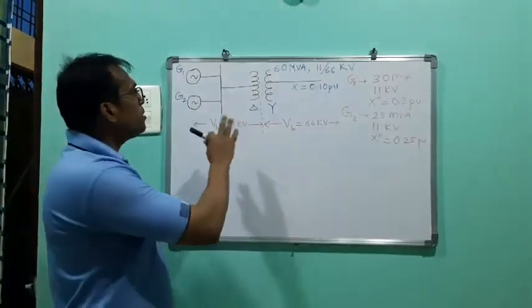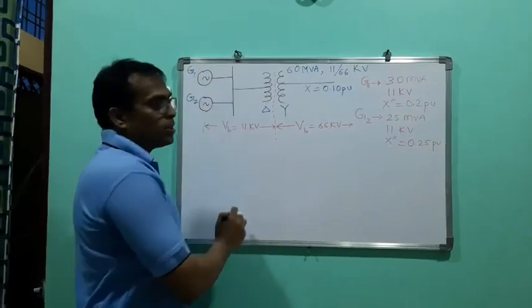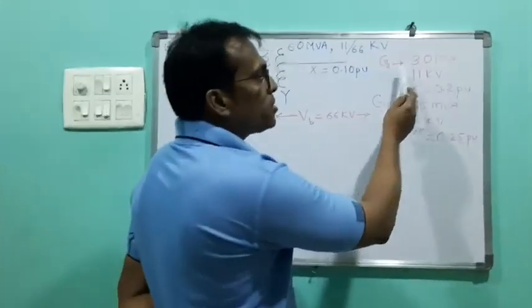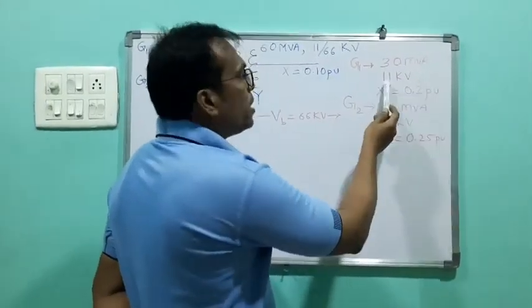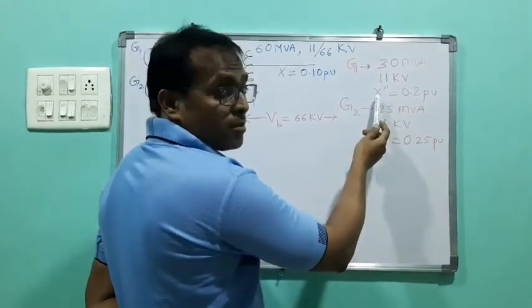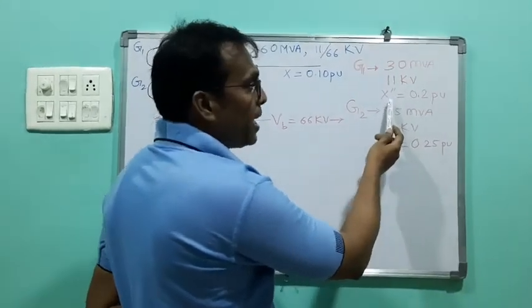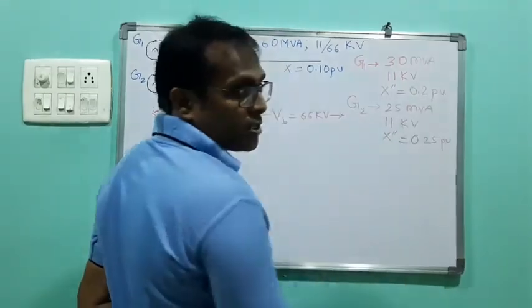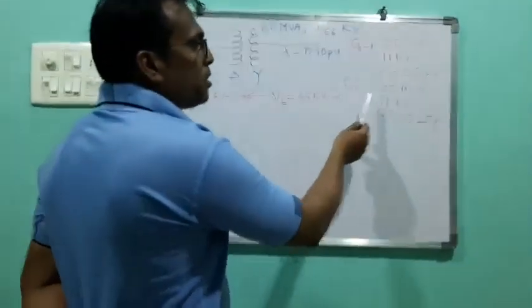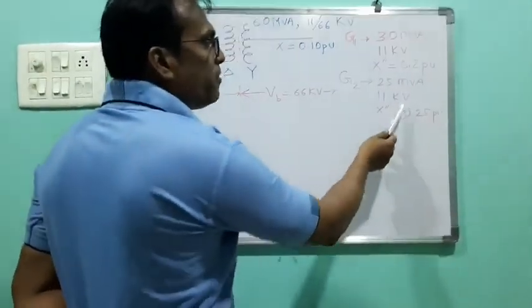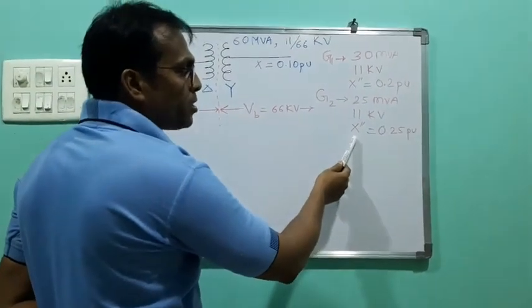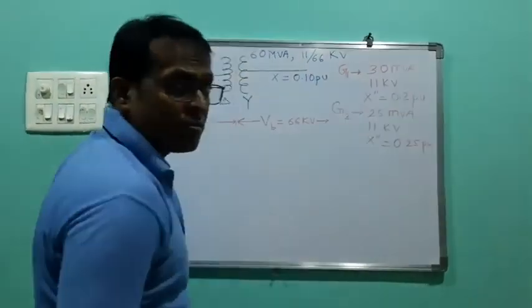So what is given in the G1 and G2 parameters? See, the rating of G1 is given as 30 MVA, 11 kV, and the subtransient reactance, that is X double dash, is equal to 0.2 per unit. Now the rating of G2 is 25 MVA, 11 kV, and X double dash is equal to 0.25 per unit.